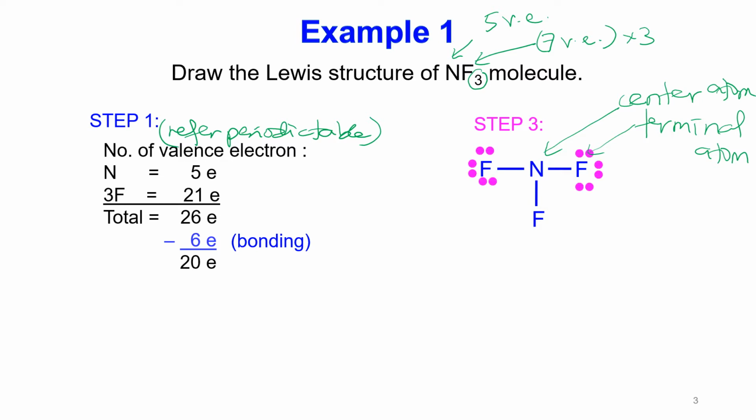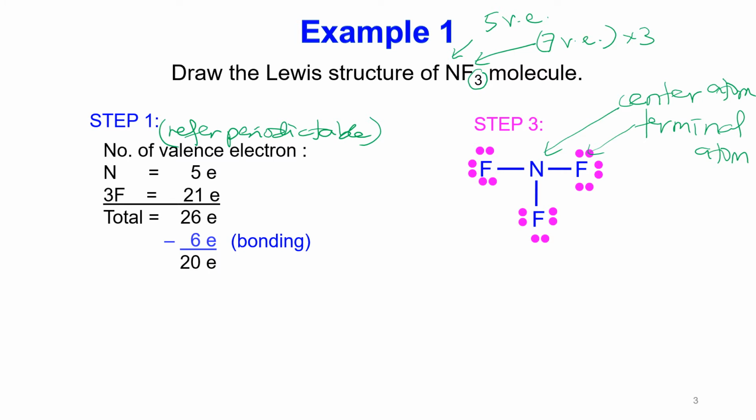Now we fill the electron at the terminal atom. So we need to put 6 electron at fluorine because fluorine already has 2 electron.